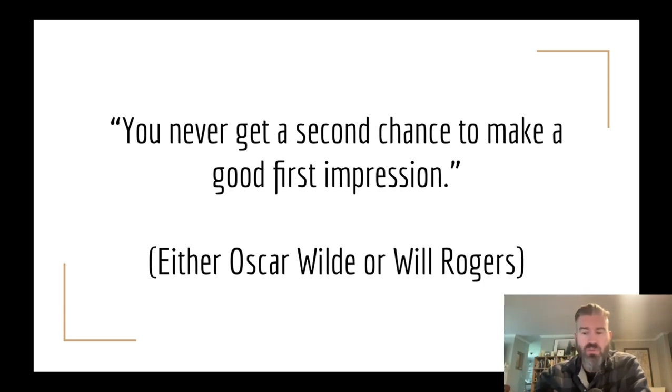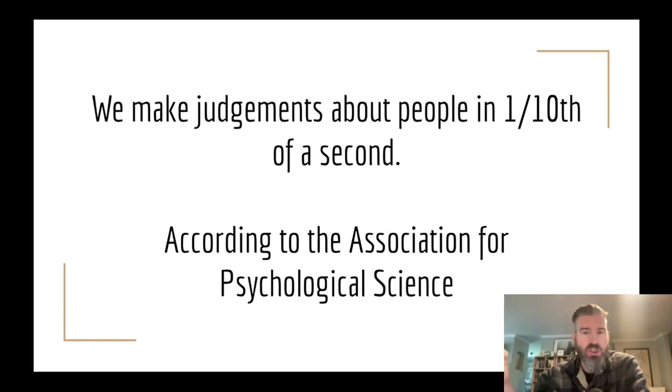And it's interesting too, because we make judgments about people in about one tenth of a second. That is incredibly quick. I actually didn't think it would be that fast, but according to various things I found online, it's consistent. We start to formulate those judgments and opinions of people very, very quickly.